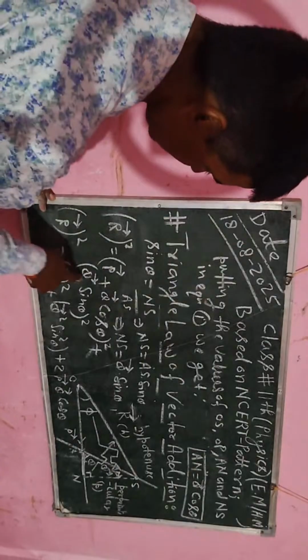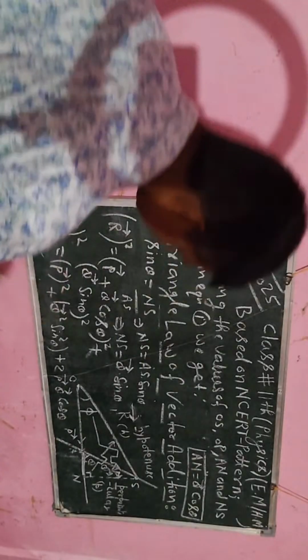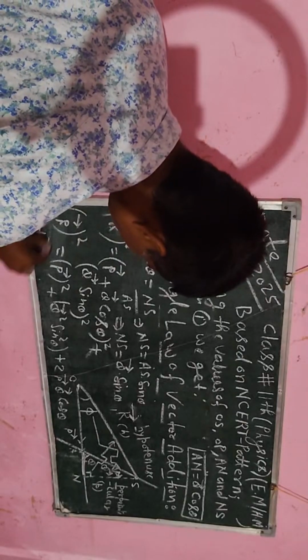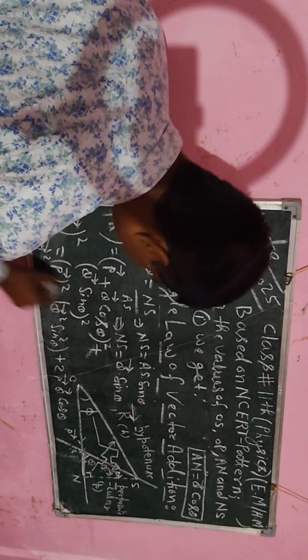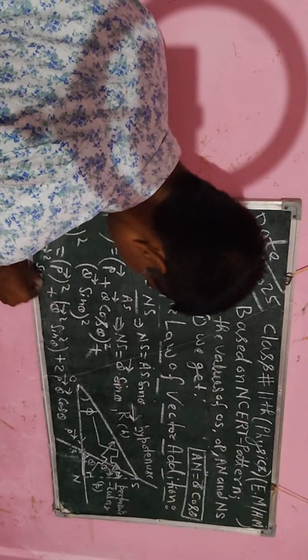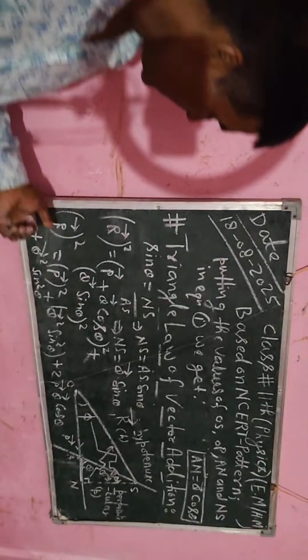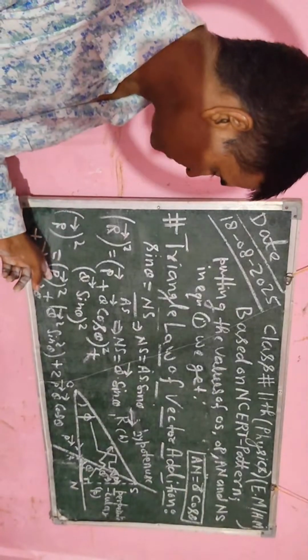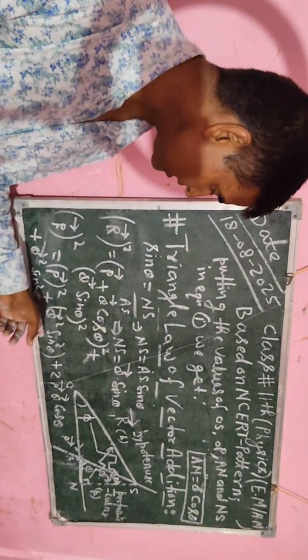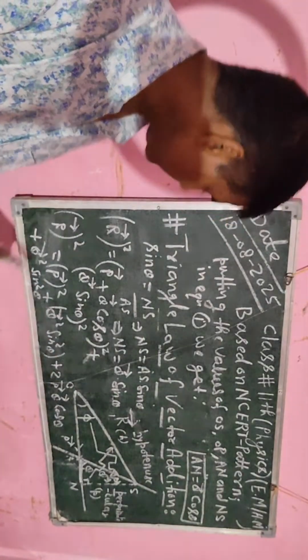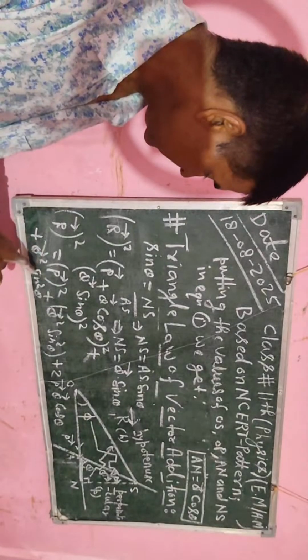So I write this information, and here Q square sin square theta is also available, so that term I will write here as vector Q square into sin square theta. So vector R square is equal to vector P square plus vector Q square sin square theta plus 2PQ cos theta plus Q square into sin theta.